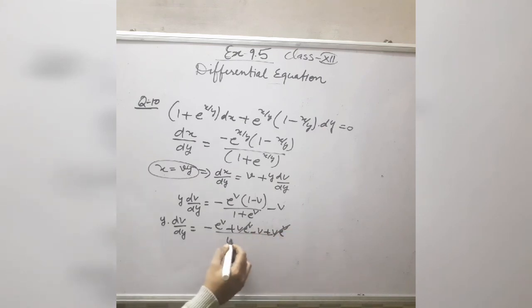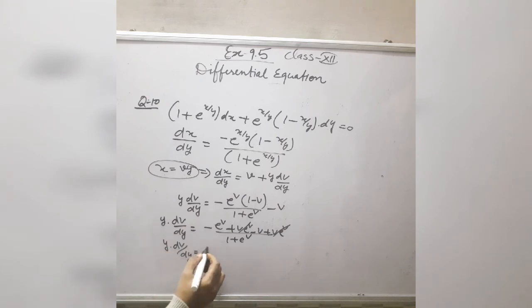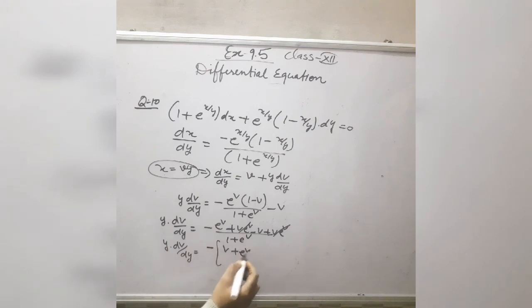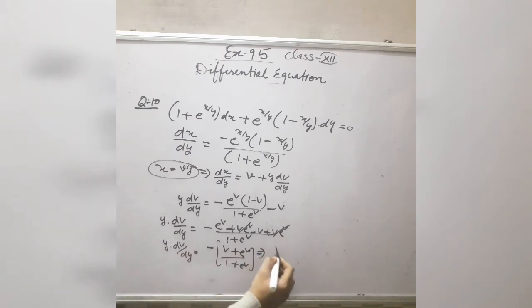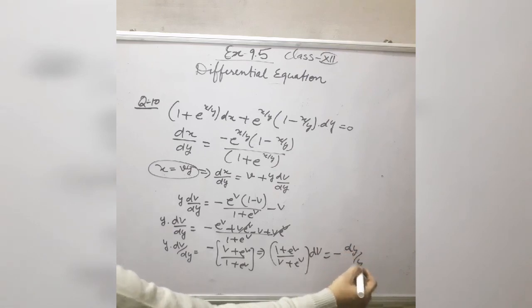This is cancelled, and here you will get y into dv by dy is equal to minus of (v plus e raised to power v) divided by (1 plus e raised to power v). And when you separate the variables, you will get (1 plus e raised to power v) by (v plus e raised to power v) dv is equal to minus dy by y.